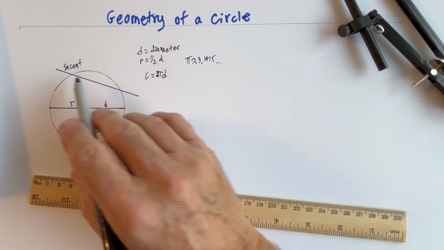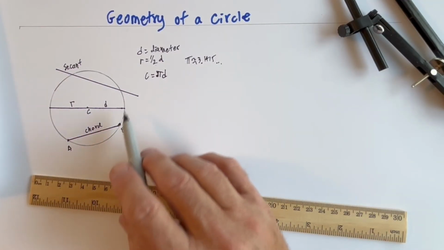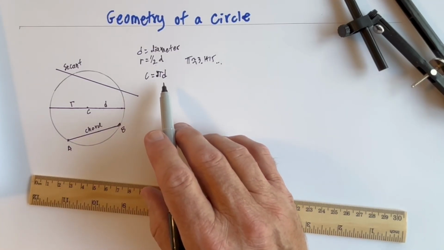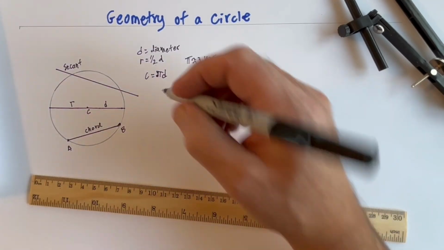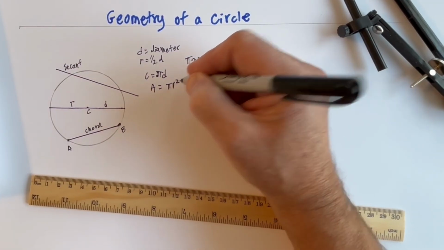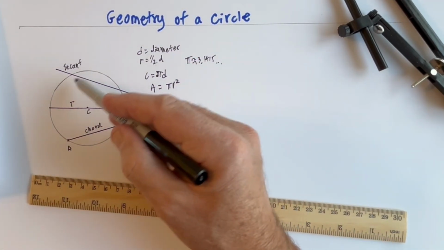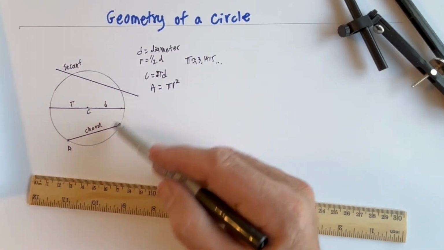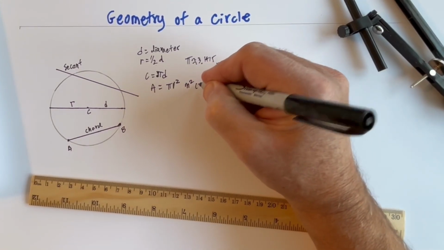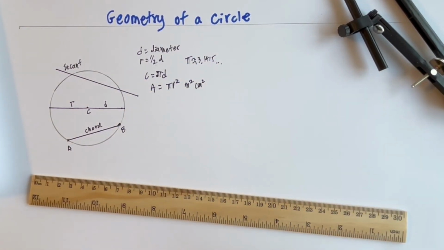The circumference, the length of this line that forms a circle, is just pi times the diameter. Now the area of the circle is just going to be pi times the radius squared. And that would be all the area inside here. That would be in square units, like millimeters squared, or centimeters squared, or feet or inches squared, whatever units you're using. So that's some of the basic parts of a circle.